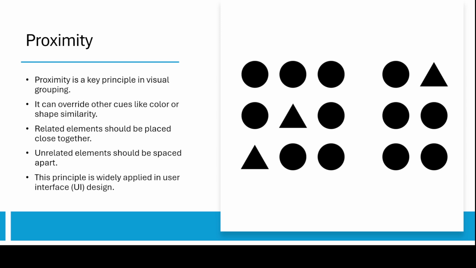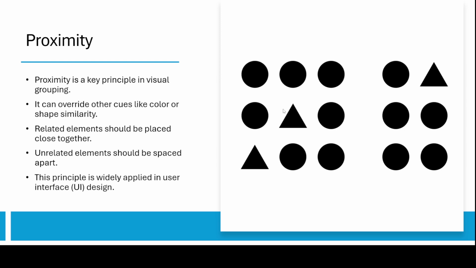In this case, related elements should be placed closer together. So if you have a circle over here, it should be placed with the circle, and the triangle should be placed closer together. Unrelated elements should be spaced apart, and this is why it is widely applied in user interface design.